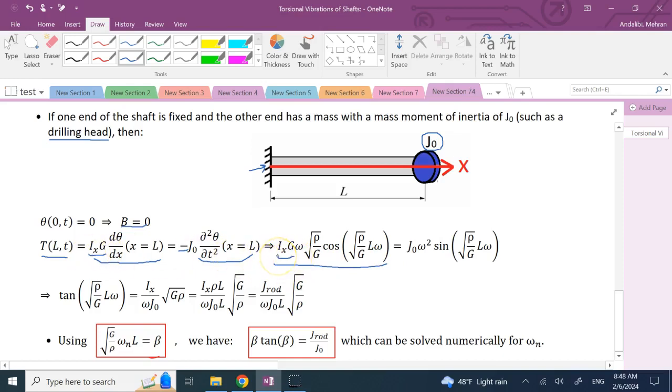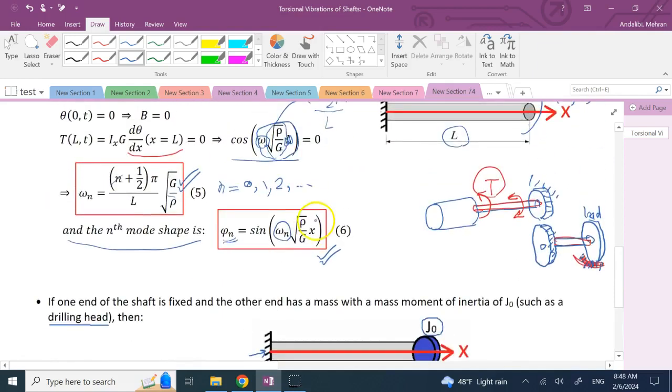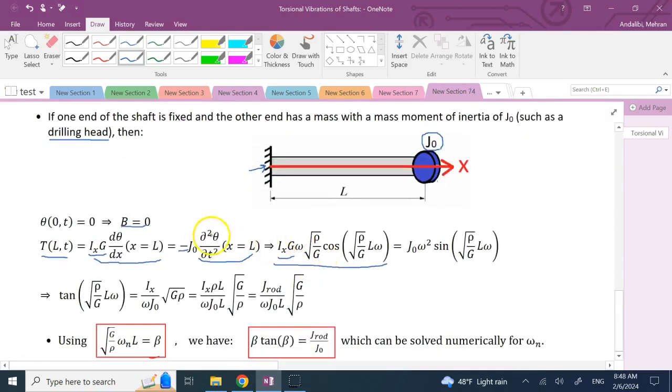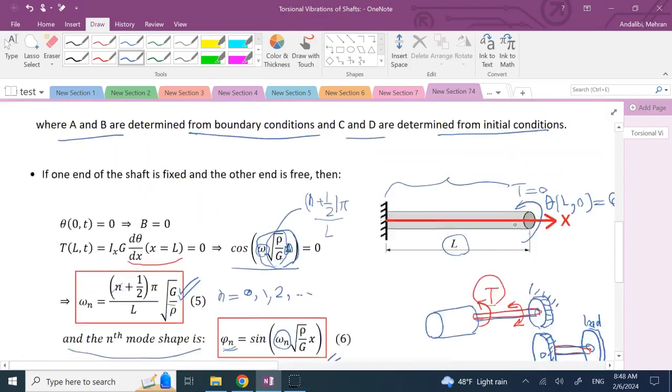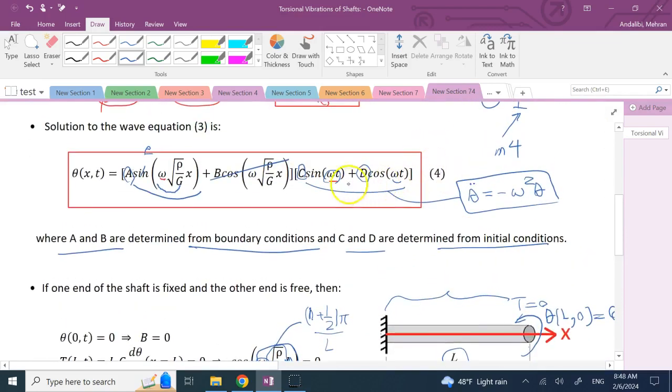And then your time function, here you want to take 2 time derivatives. For any function that is harmonic like this, you can show that the second time derivative always equals negative omega squared times theta, if omega is the frequency of that function, whether it's sine, cosine, or both of them. So I use this formula here.